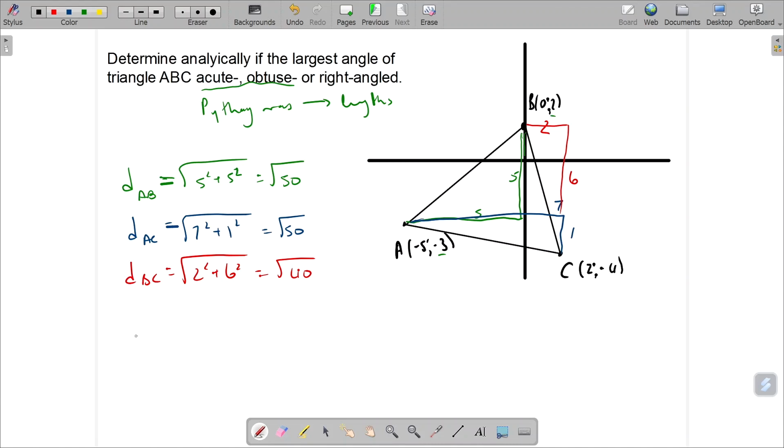So I'm going to try that. I'm getting 50. Does that equal the other two sides squared and added together?